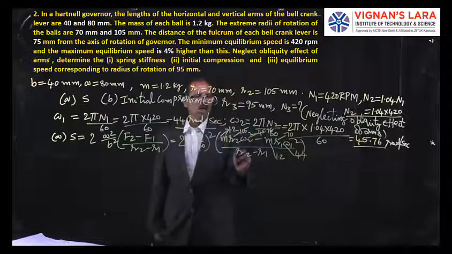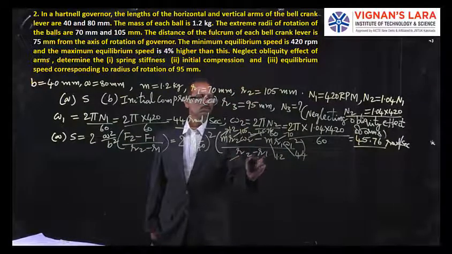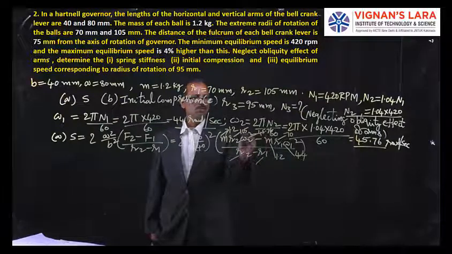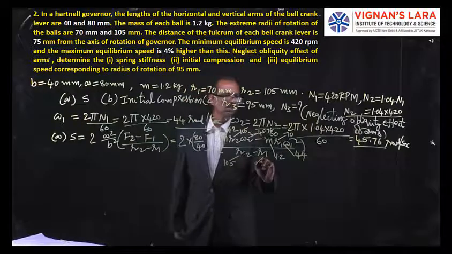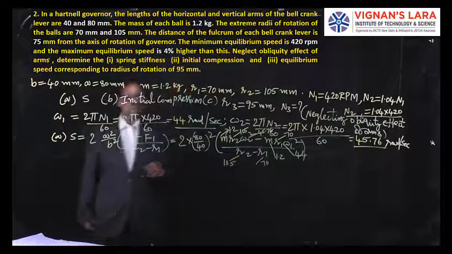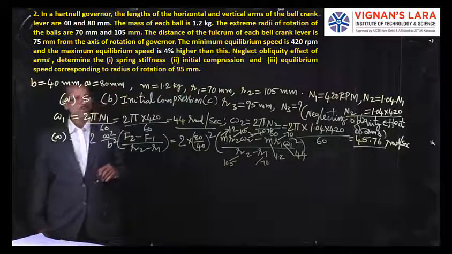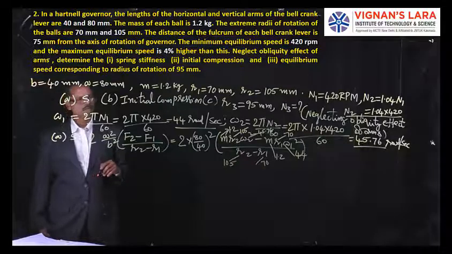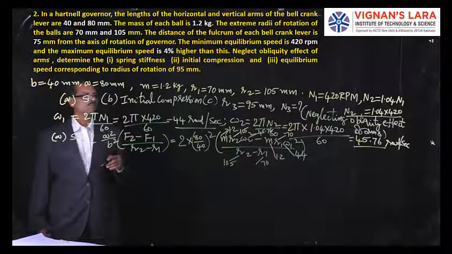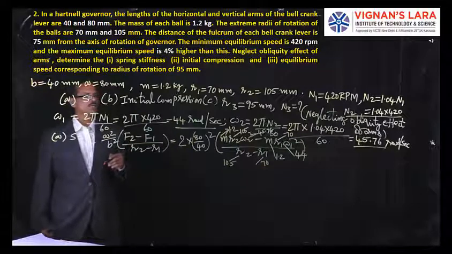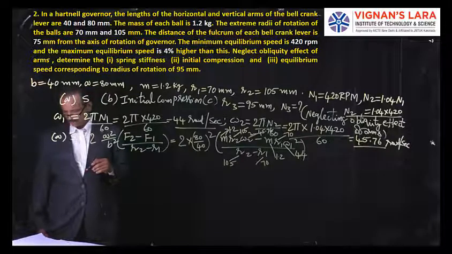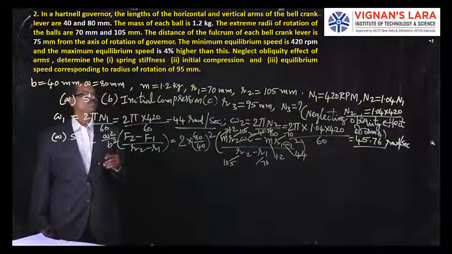So R2 and R1 values are 105 and 70. Simply substitute all the values corresponding to M, R, omega. M is mass 1.2, R is the radius of rotation 105, and the other radius of rotation is 70.